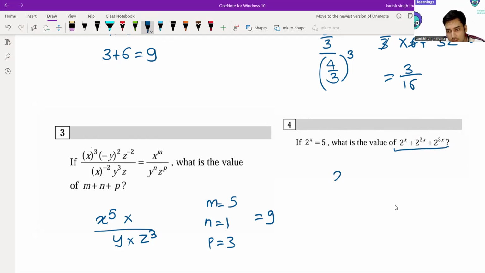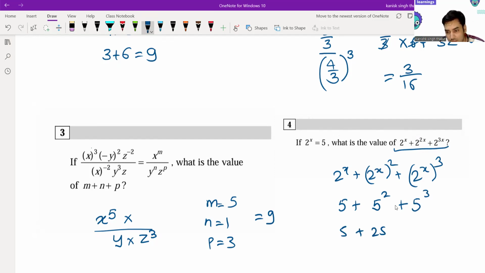So this you can write as 2 to the power x whole square plus 2 to the power x whole cube, right? 2 to the power x is 5, then 2 to the power x whole square is 5 square, and then it is 5 cube. So 5 plus 25 plus 125 is 155. Okay. So this is how you have to do the questions, right?